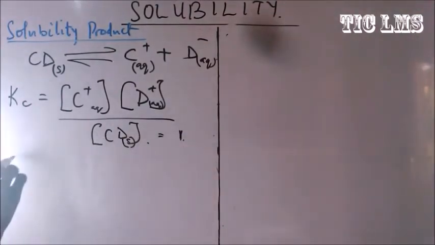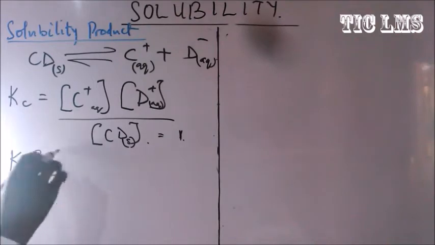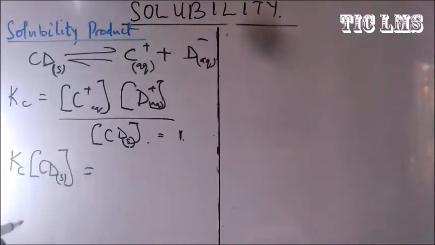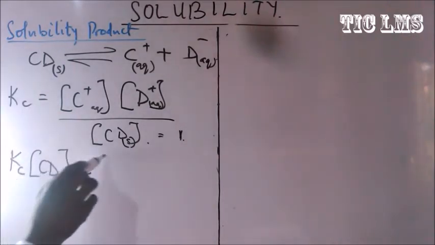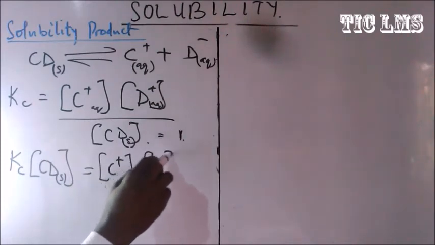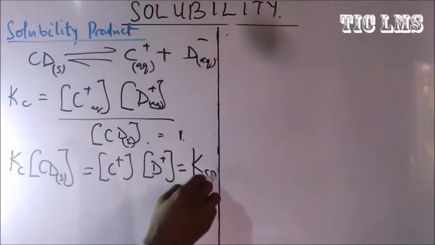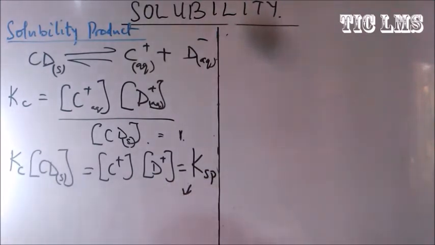When this moves here, just like cross multiplying, we'll have Kc times the bracket CD, which is the concentration of the reactant, equal to the concentration of C and the concentration of D, and that is equal to Ksp, where Ksp is known as solubility product constant.